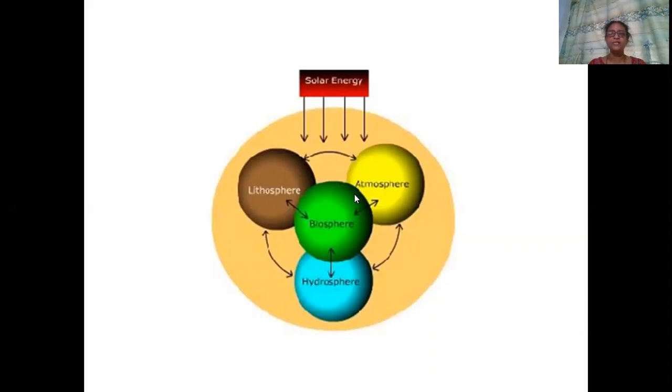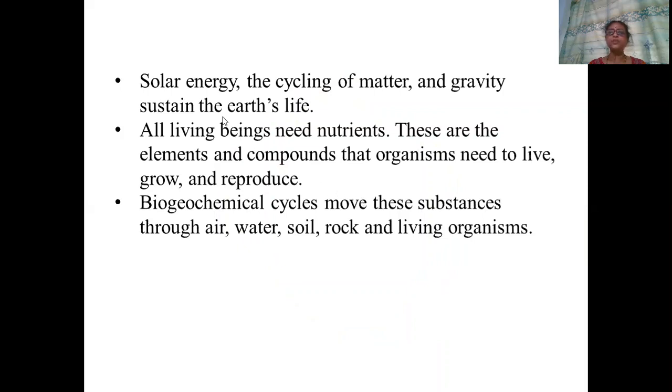So we can say that solar energy, cycling of matter, and gravity, all these three things sustain the earth's life. If you want the earth's life to continue, then all these three things have to be given to the earth: the sun's energy, that is solar energy; matter has to be cycled or transferred from one sphere to another sphere; and gravity.